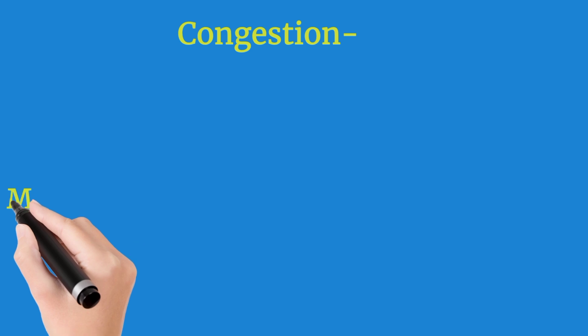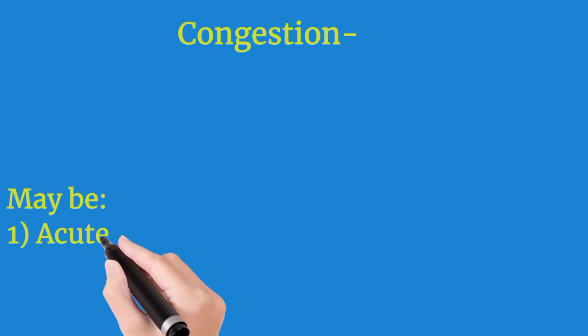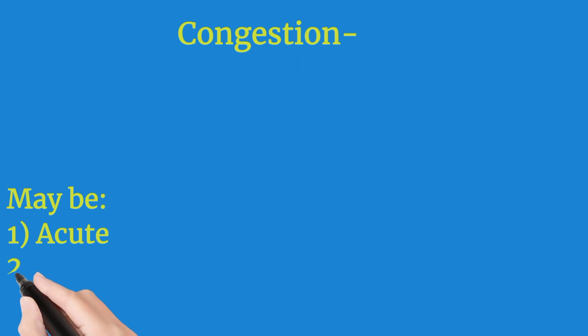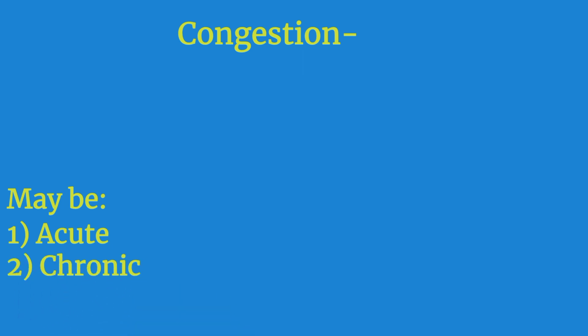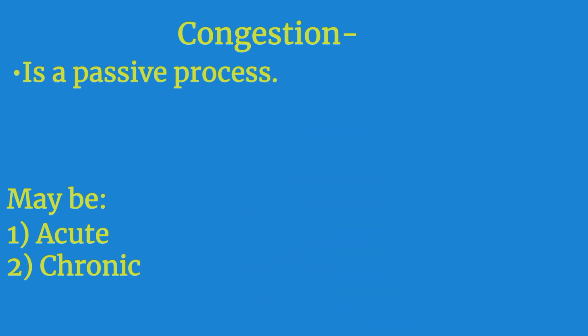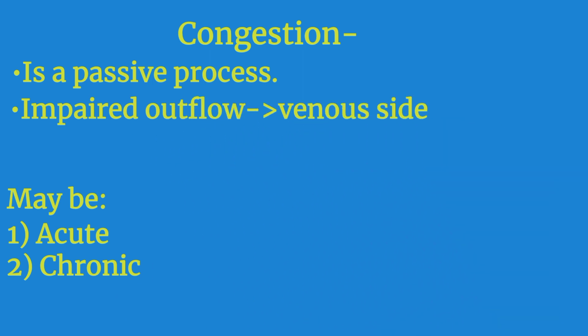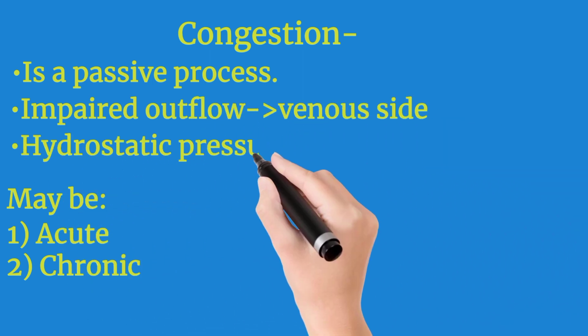Firstly, it may be acute or chronic, that is, it is of two types, acute and chronic. In congestion also there is associated edema. Hydrostatic pressure is increased here also, but it's a passive process and impaired outflow is from the venous side.